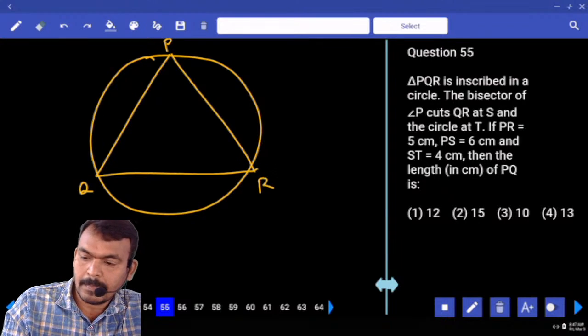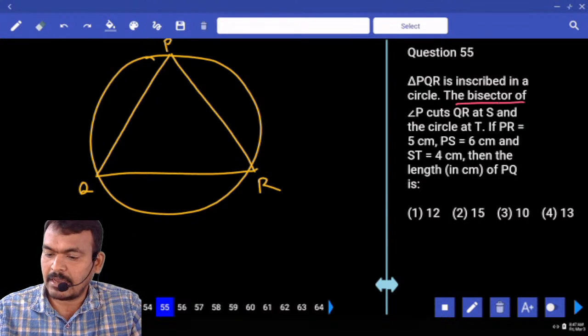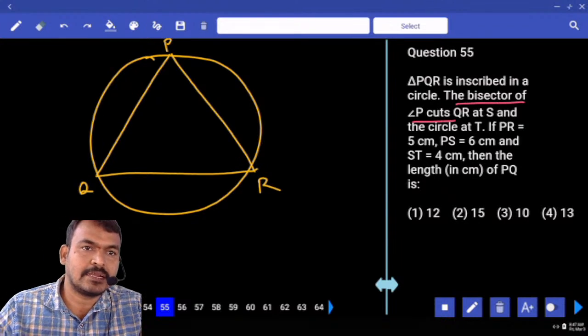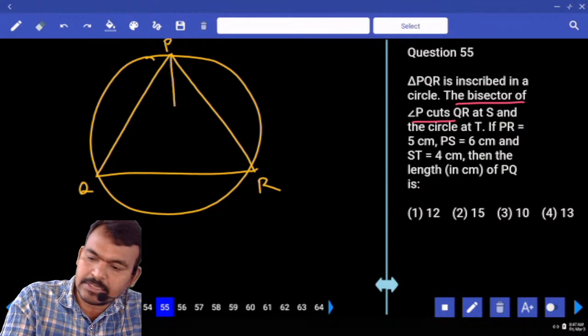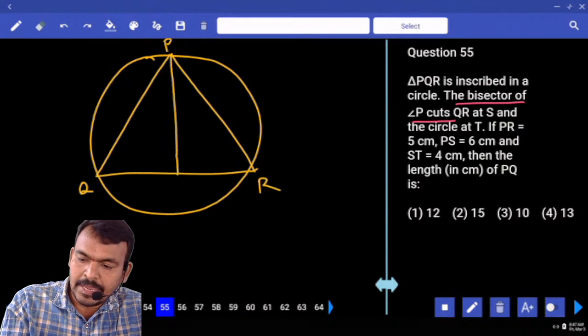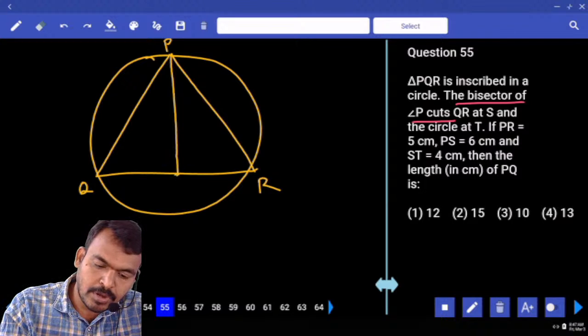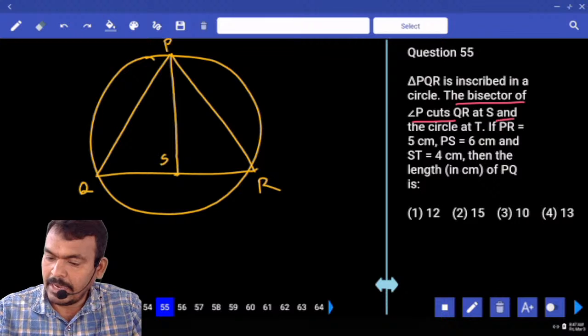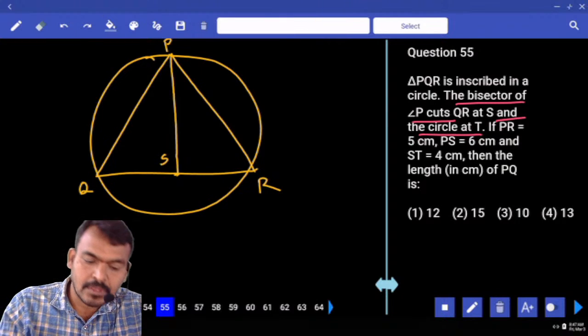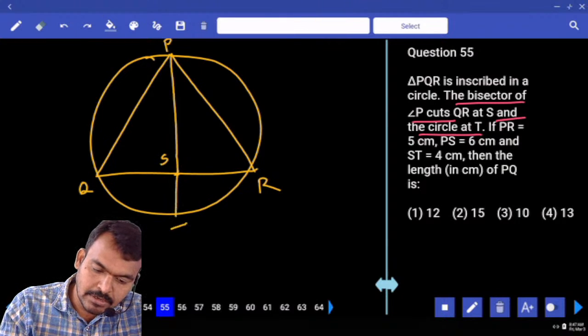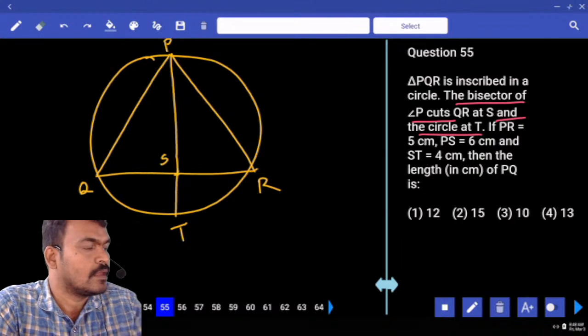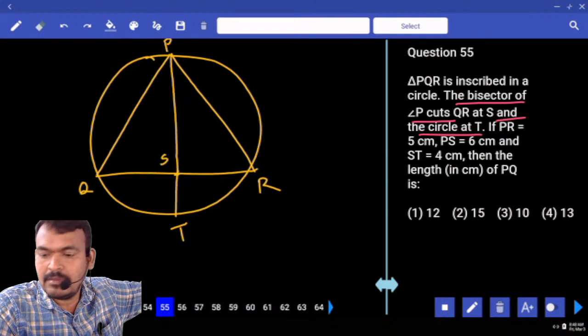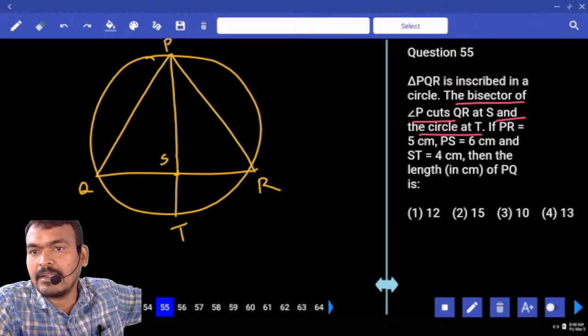PQR. And one more, the bisector of angle P. The bisector of angle P cuts QR at S. Means this is point S or not? This is point S and the circle at T, means it is a point here. It cuts at S and the circle here.